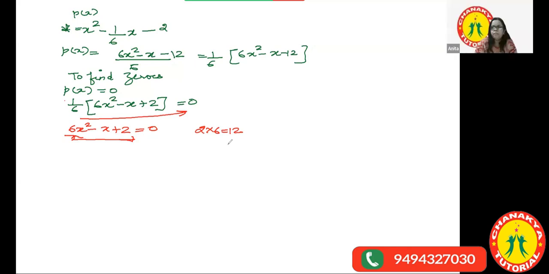Adding 6 and 2, it will not be 1. If you are subtracting 2 minus 6, it will be minus 4, right? Now, 4 threes are 12. So, when you are subtracting 3 from 4, it is 1 only, right? So, you will have 6x square minus, right here, 4 minus 3 into x minus 2 is equal to 0.